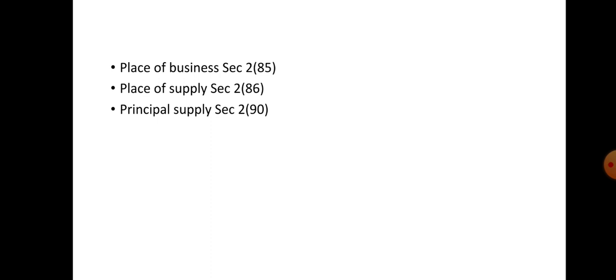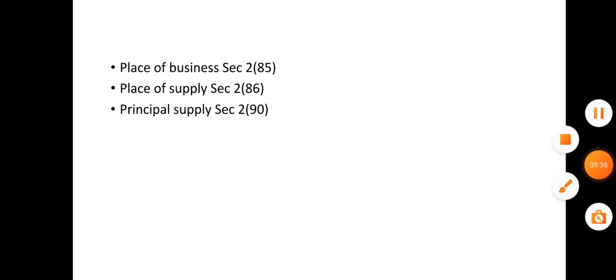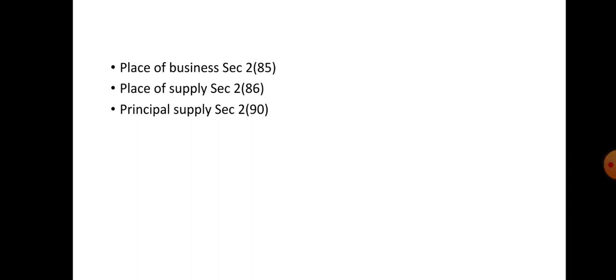Next is the place of business. It is given under section 2 subsection 85. Place of business includes a place from where the business is ordinarily carried on, and includes a warehouse, a godown, or any other place where a taxable person stores his goods, supplies, or receives goods or services, or both.